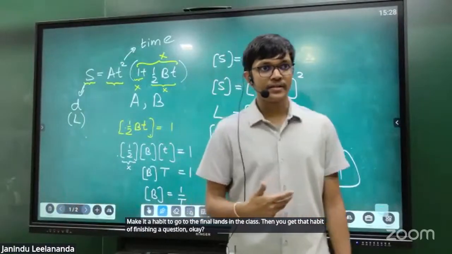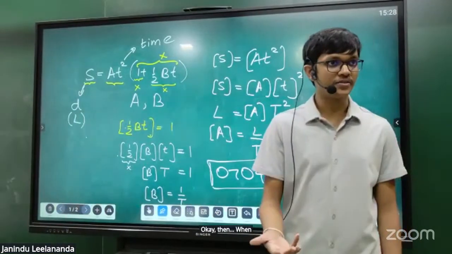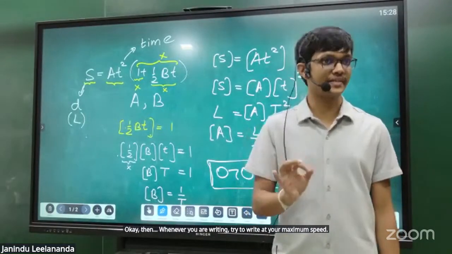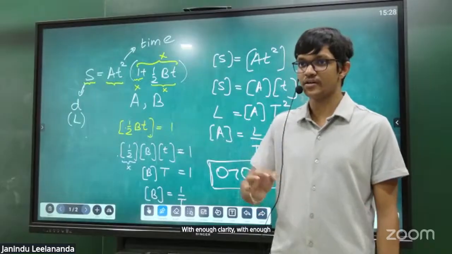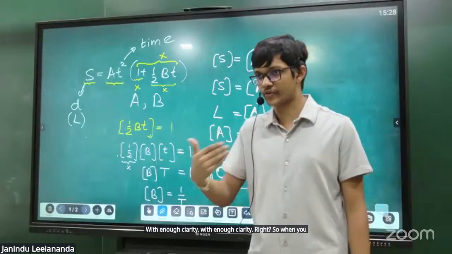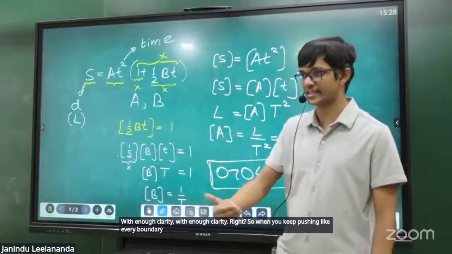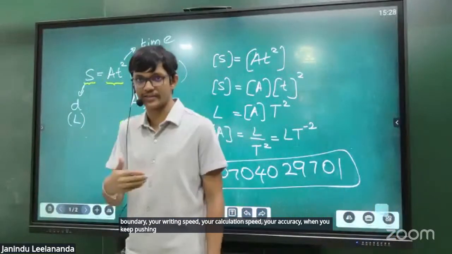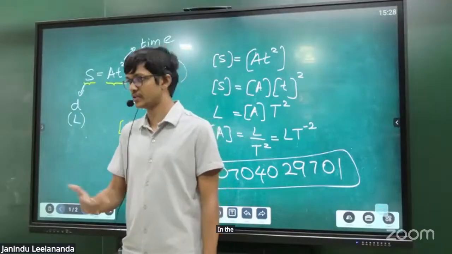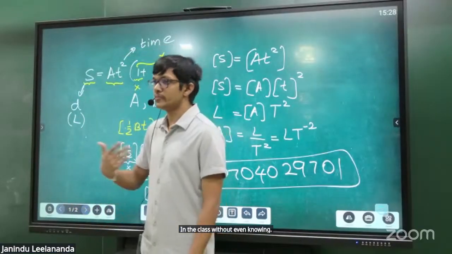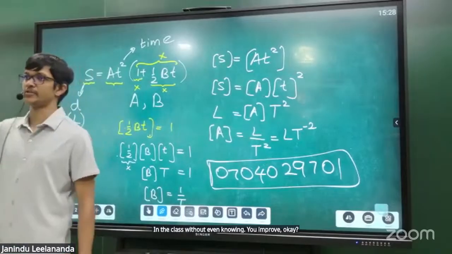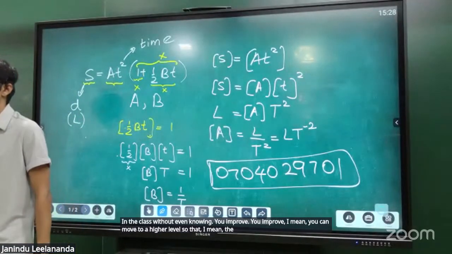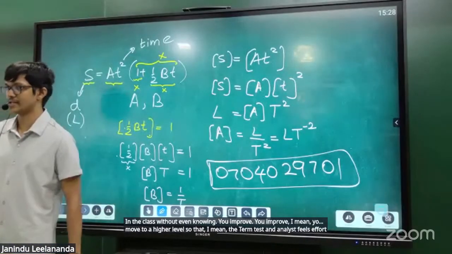Whenever you are writing, try to write at your maximum speed with enough clarity. Why? When you keep pushing every boundary in the class, your writing speed, your calculation speed, your accuracy, without even knowing it, you improve and move to a higher level, so that the term test and A levels feel effortless. That is the basic requirement here.